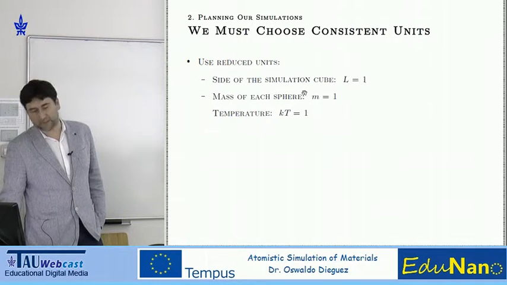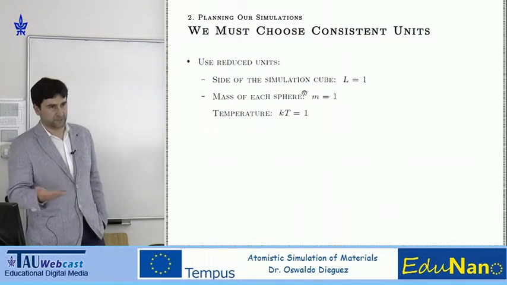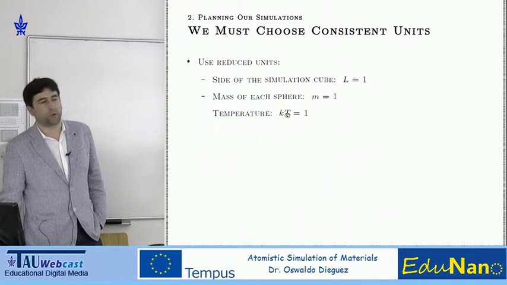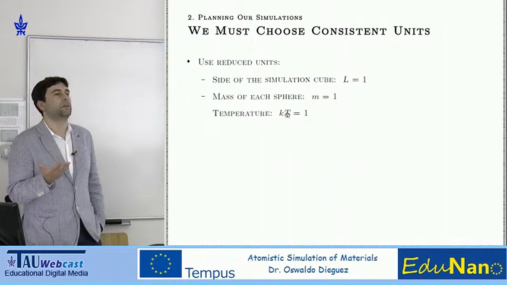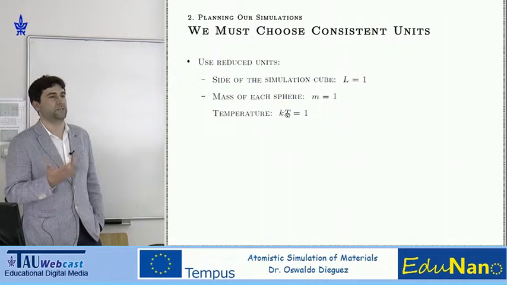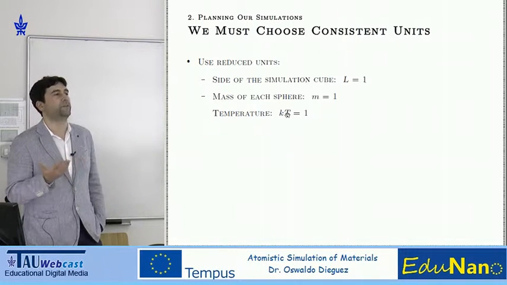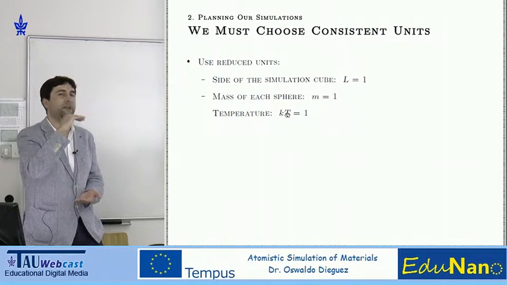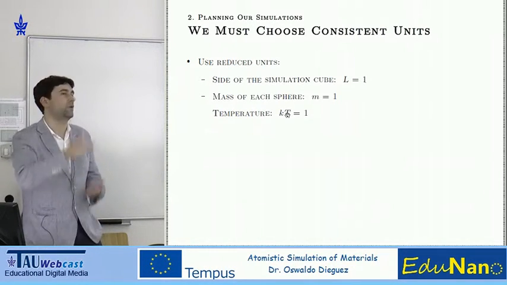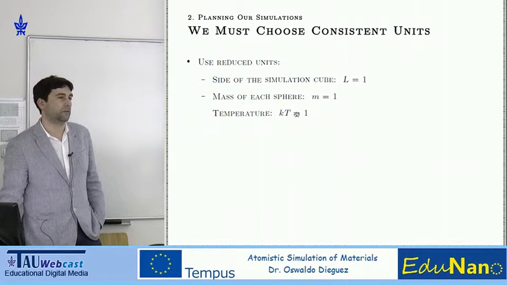There is a mass scale, which is the mass of the balls, and we can set it to 1. And there is no energy scale, because the energy is constant, and if you look at the hard spheres as a potential, it's just an infinite well. So it's not finite, there is no well depth, it's infinite. So there is no scale, so we set KT to be 1.